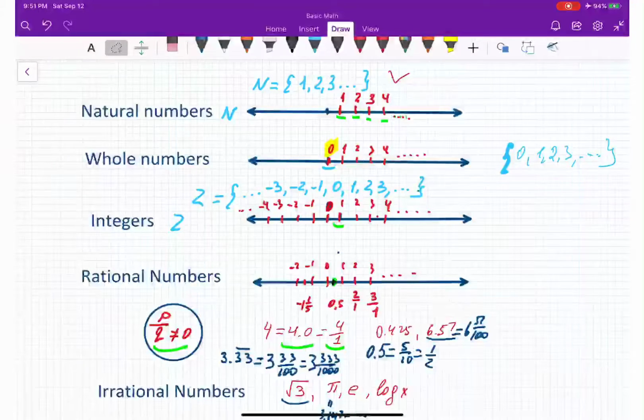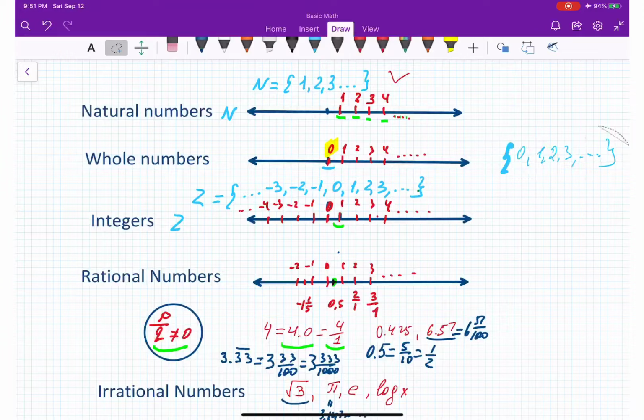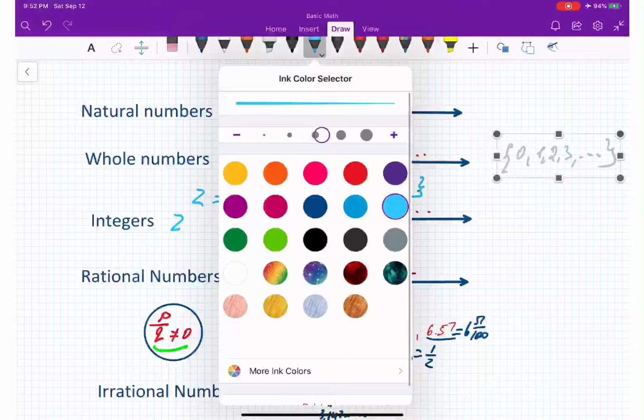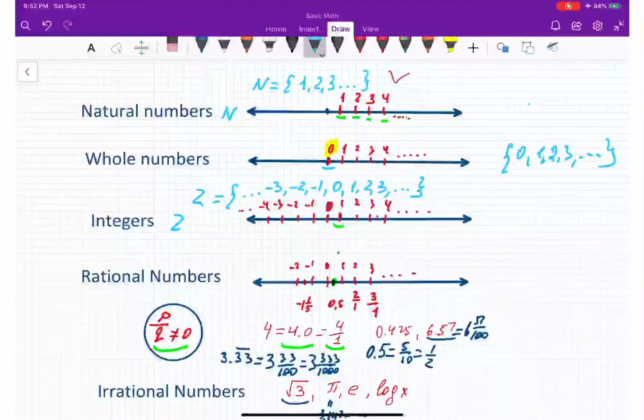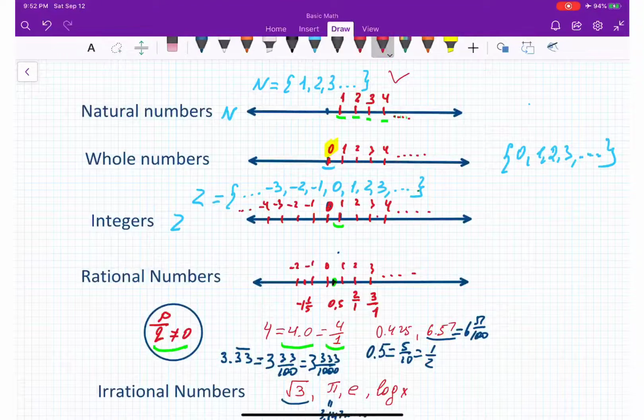This color doesn't look good. I'll tell you what, let me make it a little bit thicker. Yeah, much better. Now here, integers: those are all the positive and negative numbers, including zero.